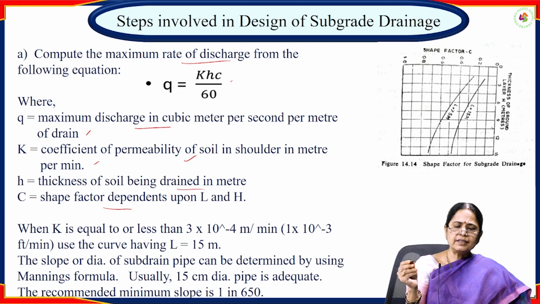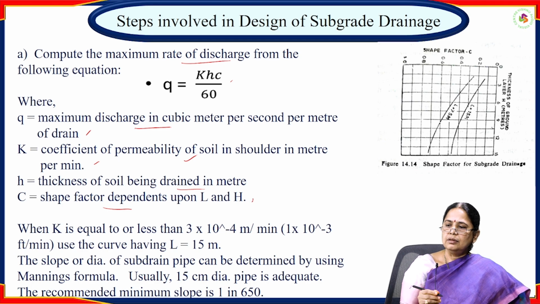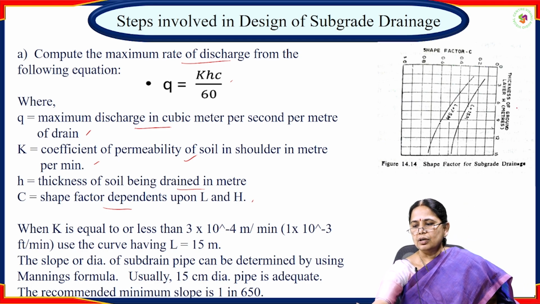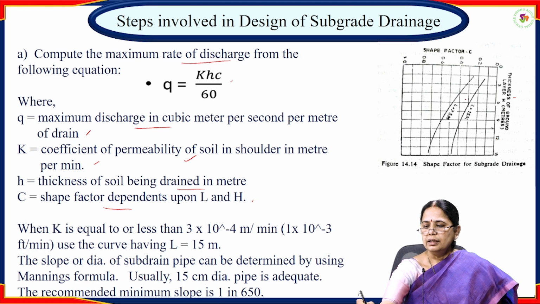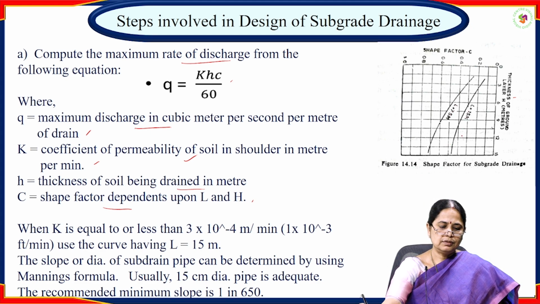C is the shape factor, which depends on the length and height. The thickness of the ground layer, H in meter, is on the vertical axis and the shape factor is on the horizontal axis. Two curves have been given, for L equal to 7.5 meters and L equal to 15 meters.